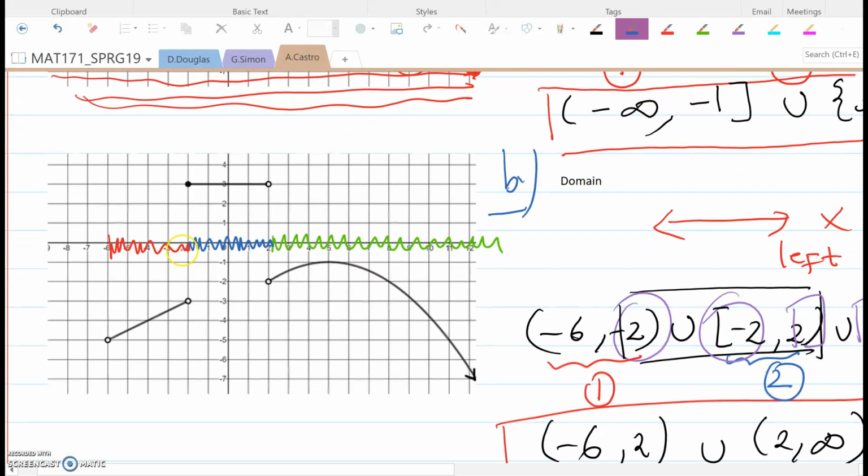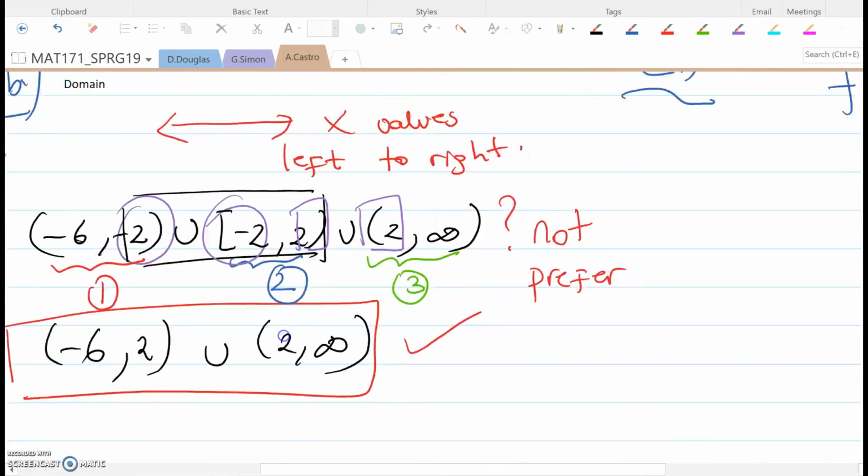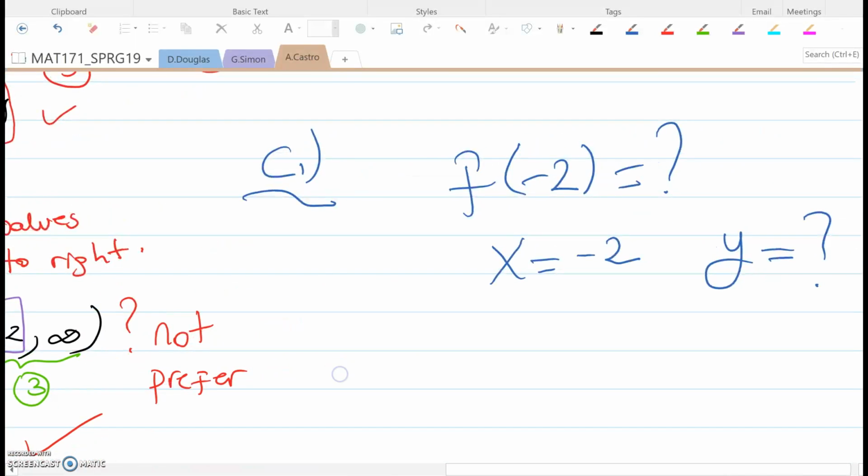So f of -2 is here, right? This was f of -2. So it's not -3, it is 3 actually. Because here we have an open circle, we need to look at the closed circle value. So the answer for that, f of -2, will be equal to 3.